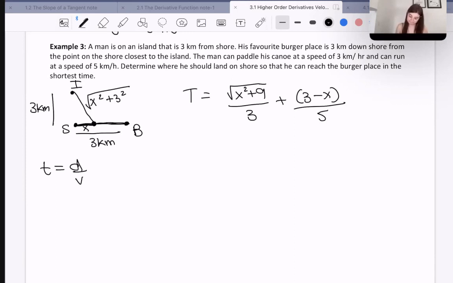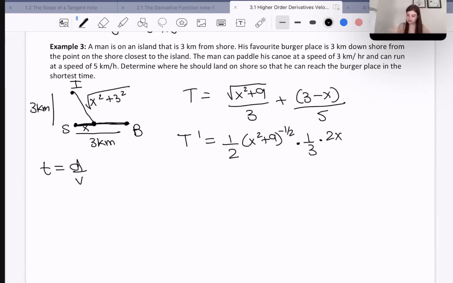Okay, so t prime is going to equal what? Well, first let's think about this. It's going to be x squared plus 9 to the negative half, with a half out here as well, and then times whatever's in the brackets, which is 2x, and then the 1/3.